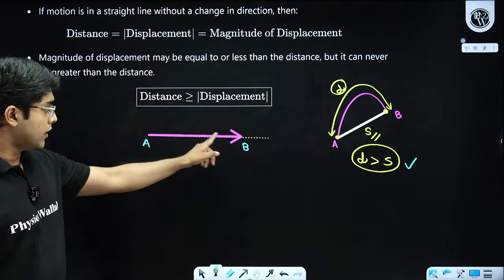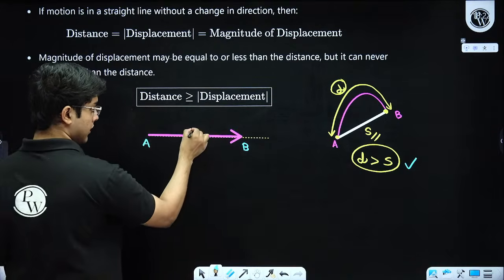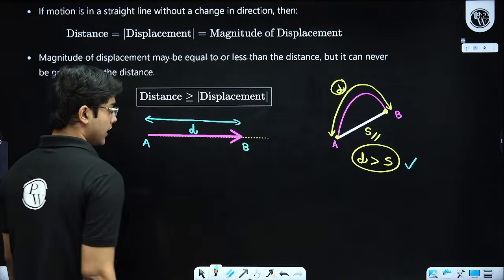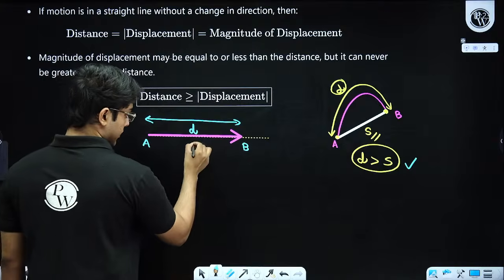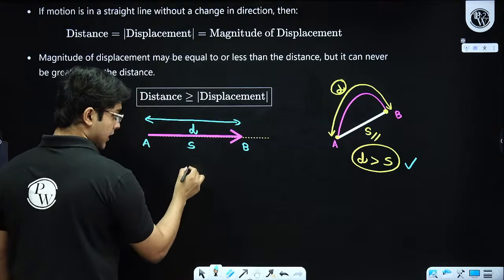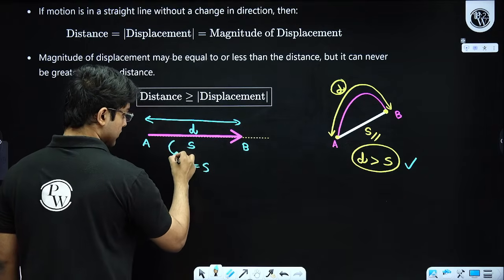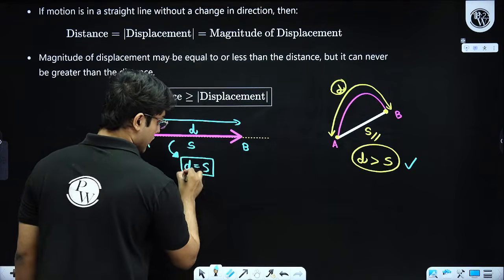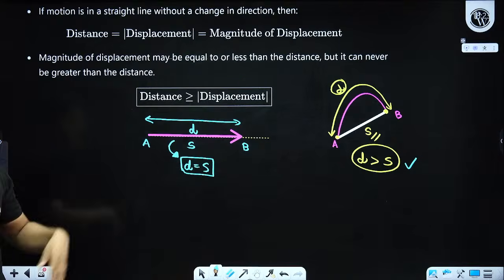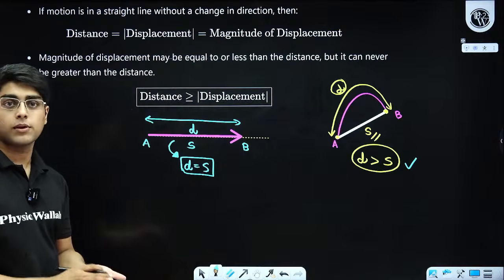In this case, if you notice, the distance is basically the length of this purple line, and so is the displacement. So this is the only case in which distance and displacement's magnitude are equal. In every other case, you will find that distance is bigger than displacement.